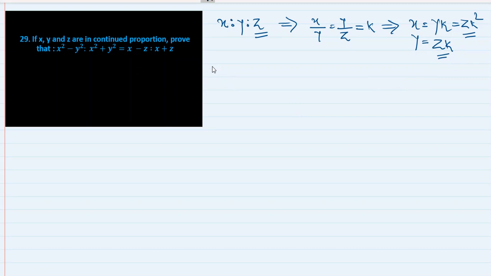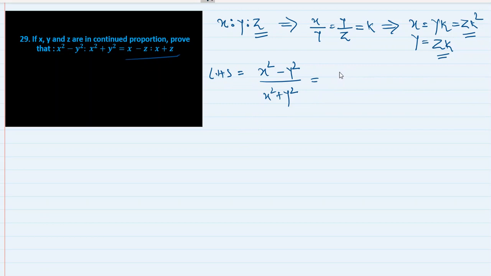Now we can prove anything. Okay, so what we have to prove? The LHS, x square minus y square upon x square plus y square. We have to simplify this and prove that it is equal to x minus z is to x plus z. Okay, what is x square minus y square?